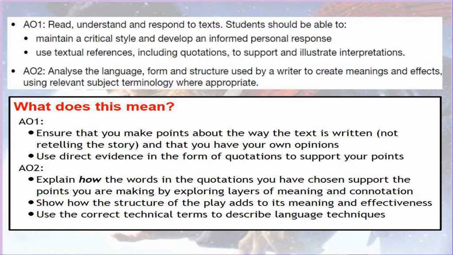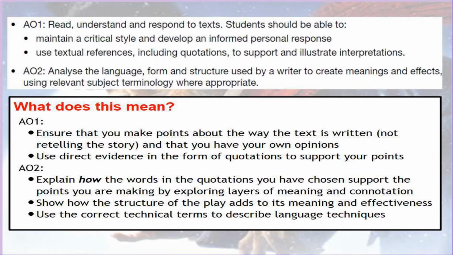So whatever the question is, you need to make sure that everything you say is shaped to answer the question in as focused a way as you possibly can. So you're not retelling the story, you're actually identifying what the key theme of the question is, and all the ideas that you pick up from the text are shaped to answer that question.